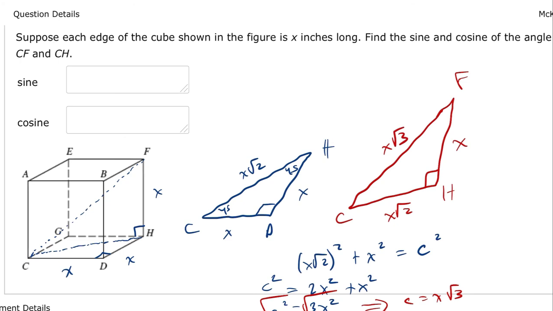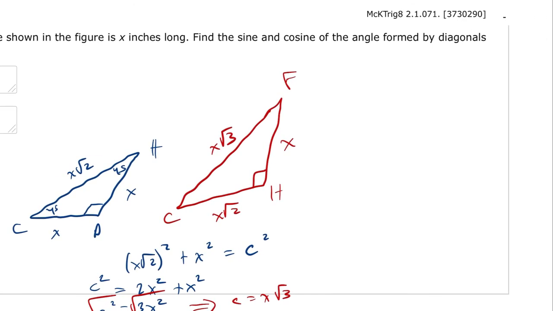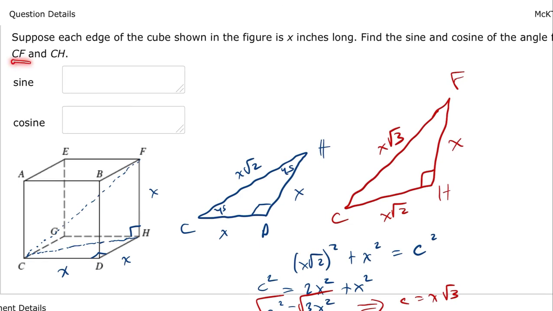And they want us to find the sine and cosine of the angle formed by the diagonals CF and CH, so this and this diagonal. Therefore, they're referring to this angle here. I'll call it theta. So the sine would be opposite over hypotenuse, which is just 1 over radical 3.